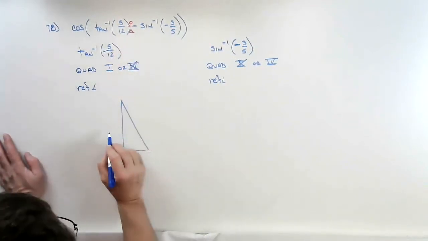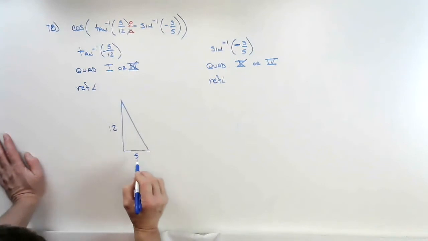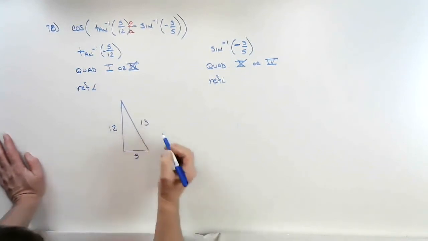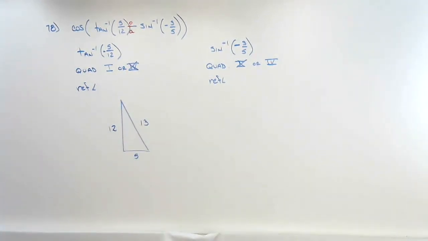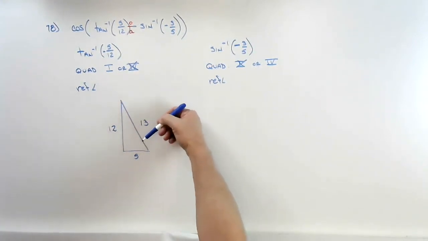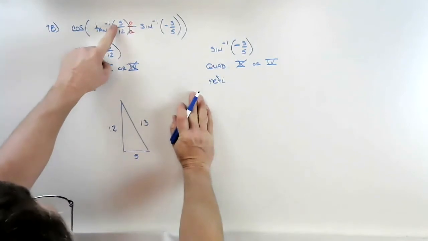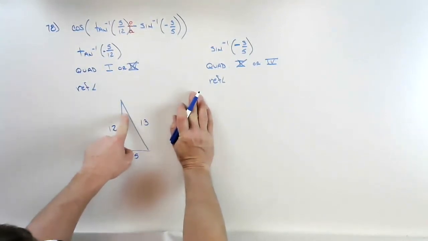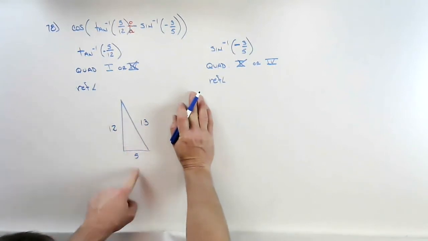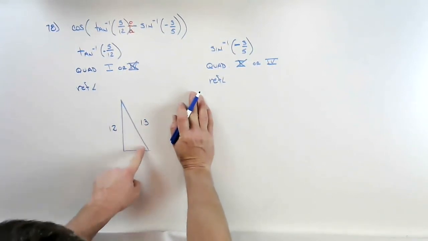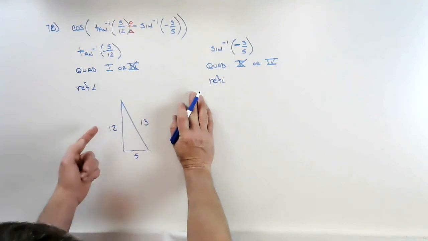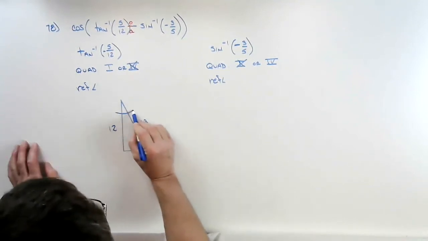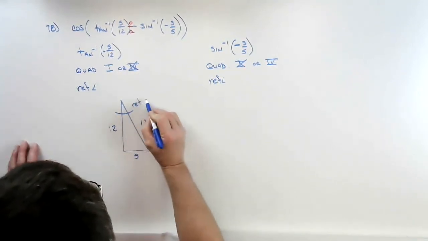The other leg is 12, I'll make that the long one. Now that's a 5, 12, 13 triangle. We're supposed to know that triangle. Now we have to figure out which one is our reference angle. Our reference angle has to have an opposite side of 5. Well, if we try to make this one our reference angle, the opposite side is 5. If we try to make this one our reference angle, the opposite side is 12. So this is our reference angle right there.